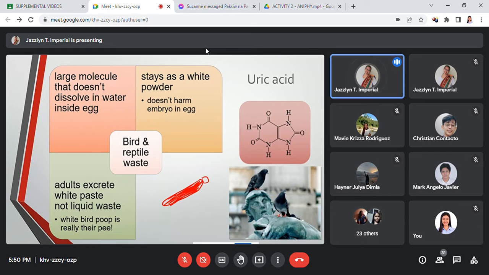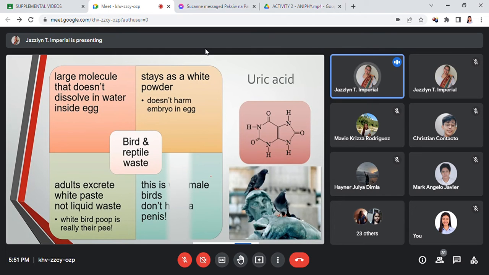Ew. So ito itim plus ito white. As you can see, this white thing here is the urine and the black thing is the poop of the lizard. So kaya po may puti. Kaya pag nagwiwi or pag nag-poop yung lizard, may white na kasama. That's the urine. Because reptiles and birds' waste is solid because it's uric acid and it's insoluble in water.